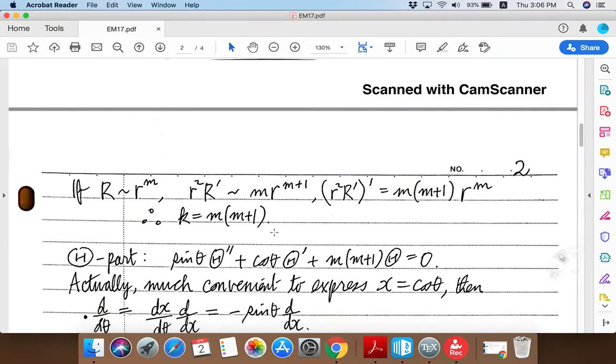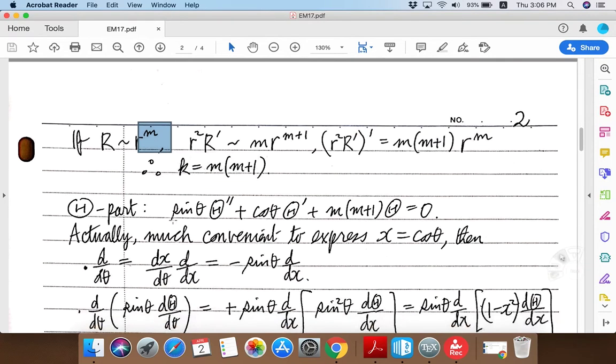That will only be the case if k was equal to m times (m plus 1). Okay, so k now has some connection to the exponent that shows up in the solution. And now the same m makes an appearance in the theta part of the equation, like that.